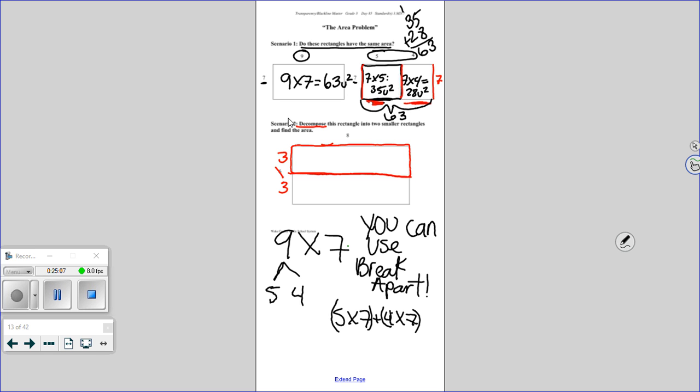What equation am I going to use to solve that mini area? Lainey, what do you think? Ignore the bottom. Just pretend you're looking at that rectangle. What are our dimensions? What is the length and width of that rectangle in red?